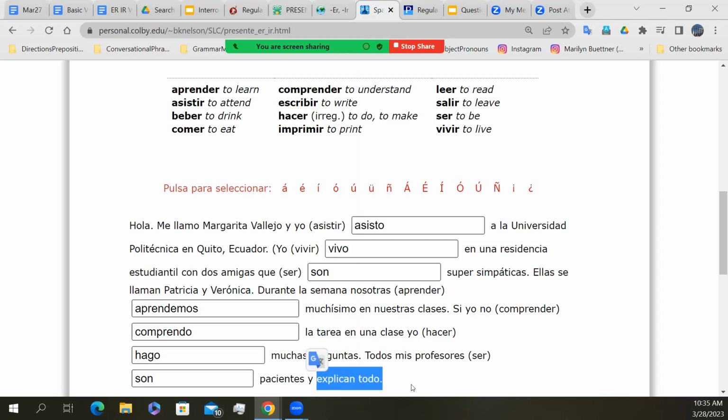They didn't do it because this is an AR verb. Explican todo. They explain everything. Explican comes from explicar. And when you hear that explican, you know it's talking about more than one person doing that activity of explicar. Explican. They explain everything. Okay? Bien?